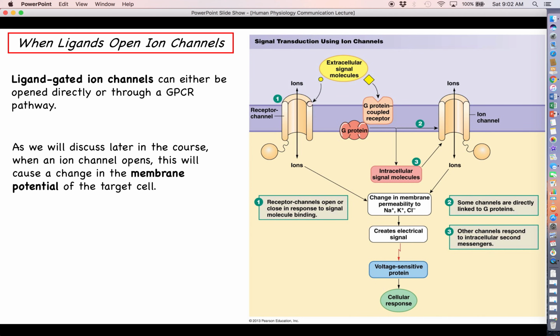Because when you open an ion channel, you are going to alter the distribution of electrically charged ions between the membrane, and that is going to change an aspect of the cell called its membrane potential.